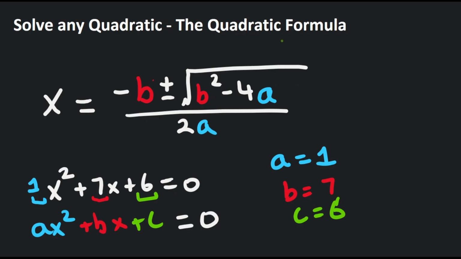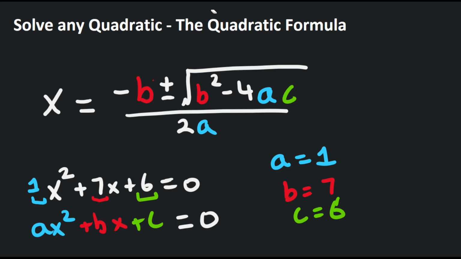So let's go ahead and replace that. And again, this is our quadratic formula. X equals negative b plus minus the square root of b squared minus 4ac all over 2a. So let's go ahead and use it to solve this quadratic that we came up with. X squared plus 7x plus 6 equals 0.